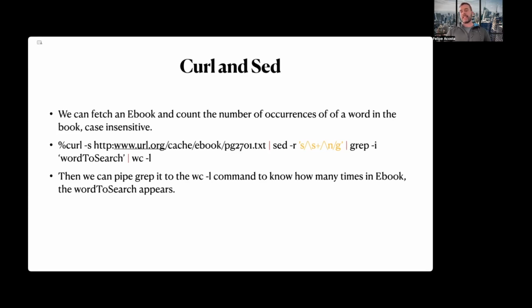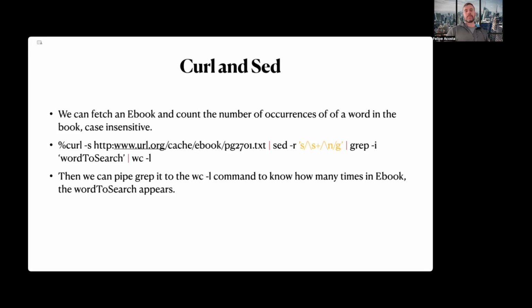Pipe again into grep -i, where -i is the case insensitive flag, so it doesn't matter if it's uppercase or lowercase, and then whatever word you're searching for. Pipe that again to wc with the flag -l for the number of lines, to know how many times the word appears in the ebook.